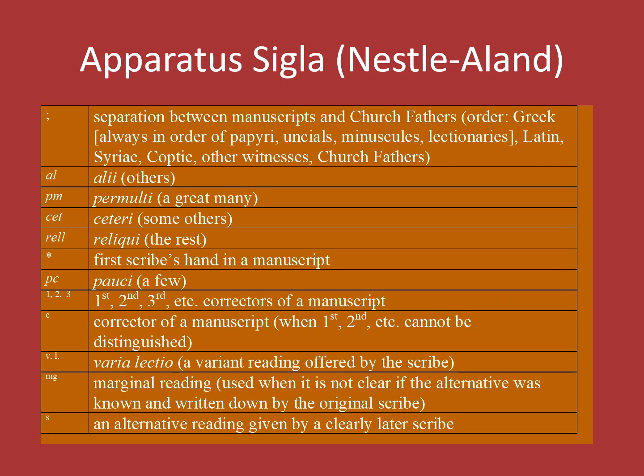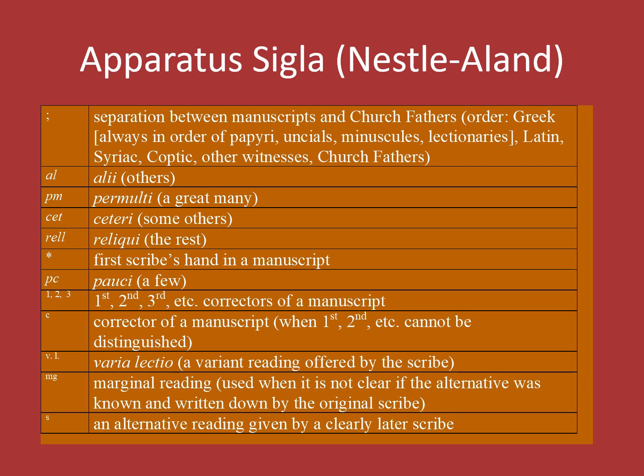With this and the next two slides, I've given you some of the symbols or abbreviations that have been used by Nestle-Aland. And I've taken, for example, the second row. AL is an abbreviation for the Latin alii, and then I've given you the translation of that, others. So that would be referring to other manuscripts if you see AL.